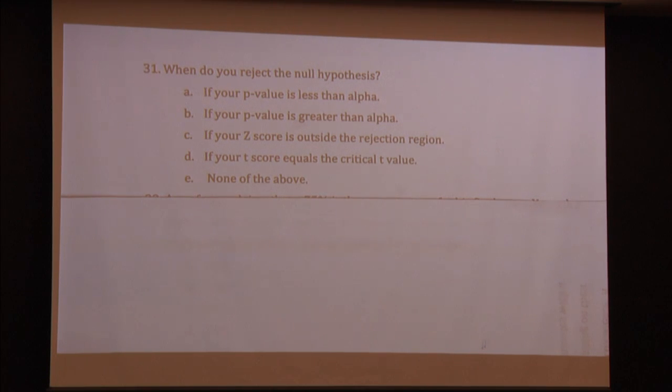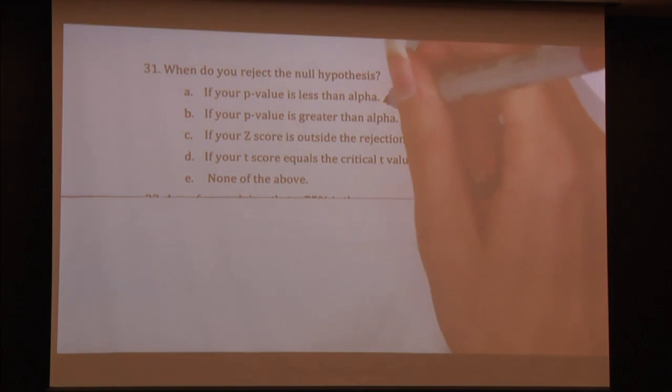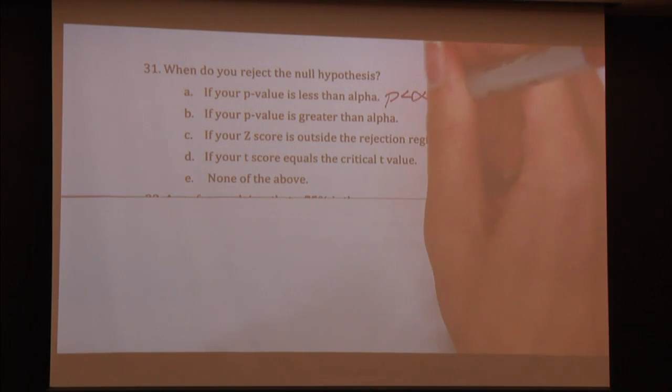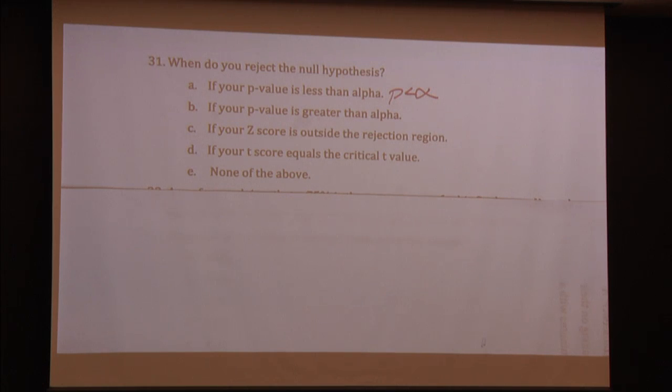So when do we decide to reject the null hypothesis? So A, when our P is less than alpha. Why is it not C?